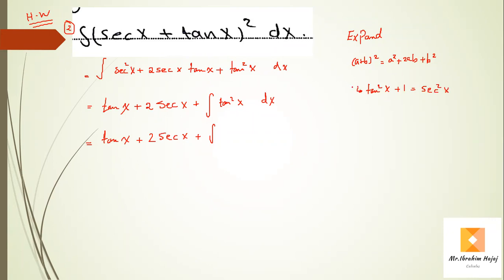So we can replace tan squared x by sec squared x minus 1.